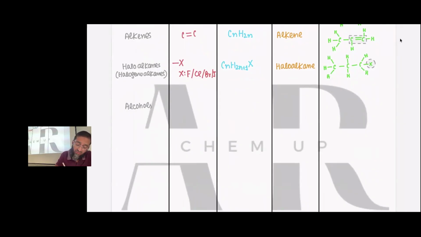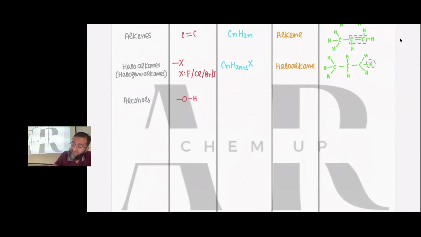Okay, so the next one is alcohols. The functional group in the alcohol is OH, which is called hydroxyl, is bonded to a carbon chain. So the empty bond on the left is showing that it is bonded to a carbon chain.